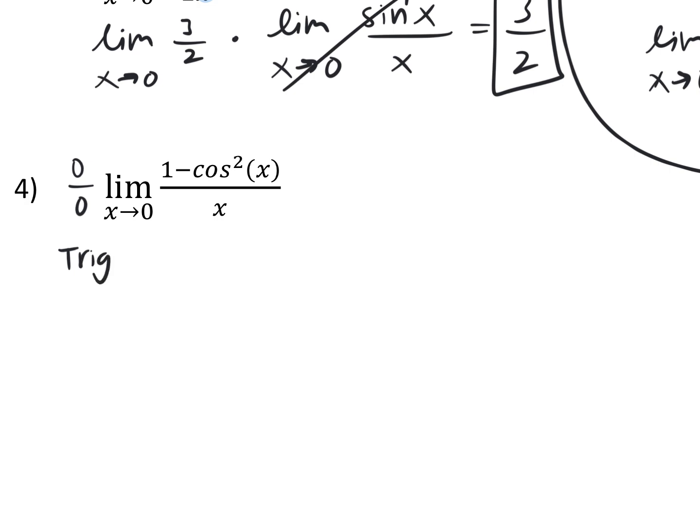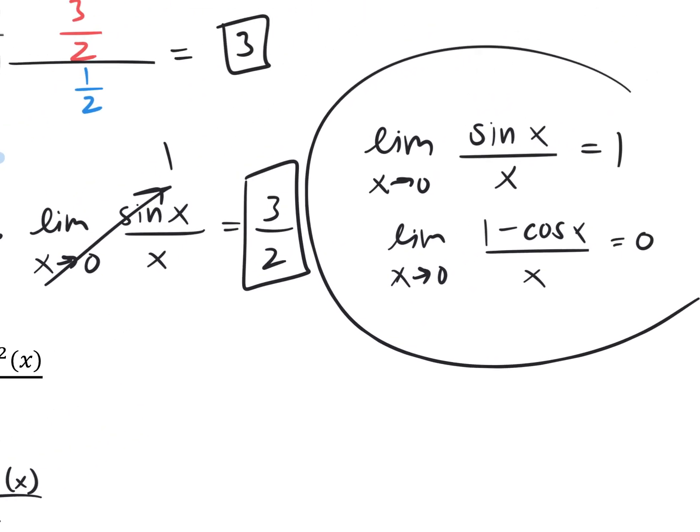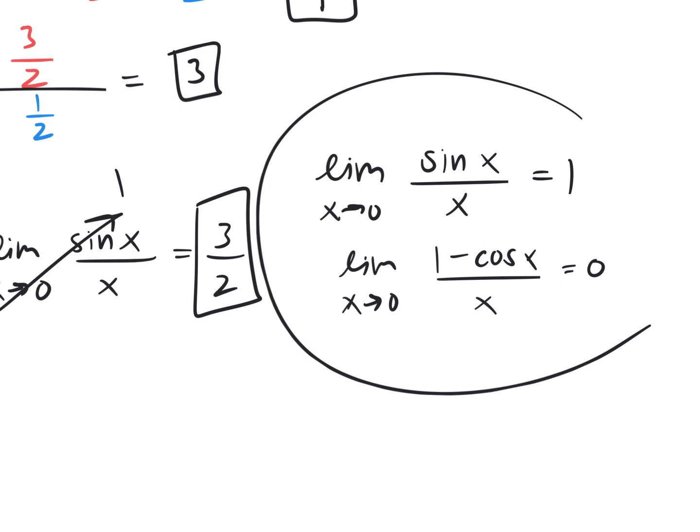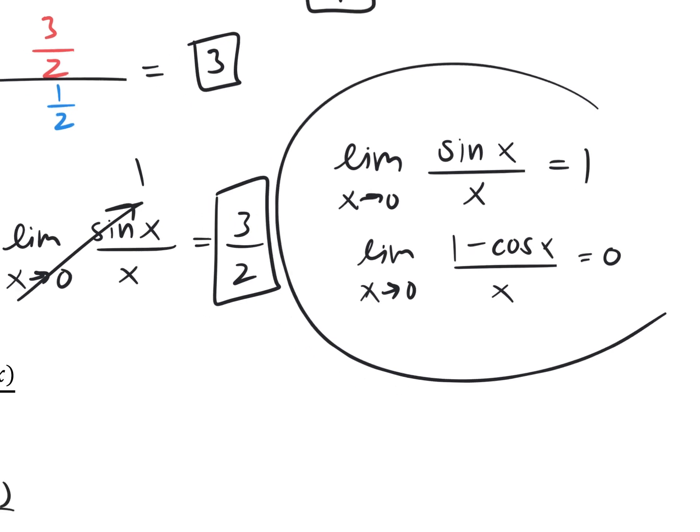So trig substitution. We know that 1 minus cosine squared of x is equal to sine squared of x. So I can rewrite this as the limit as x approaches 0 of sine squared of x divided by x. If we see a sine x over x, we should be thinking, oh, that's one of those special ones, which equals 1.